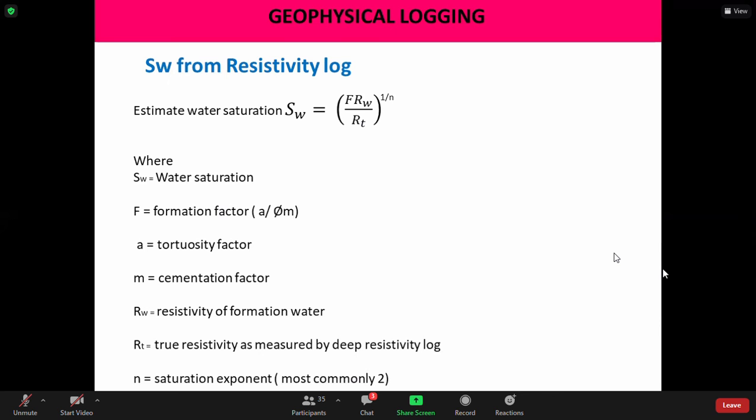And our formation factor equals a over porosity raised to the power of m. Here our a equals 1, that is the tortuosity factor, and our m equals 2. So we have the cementation factor, that is for Niger Delta environments.